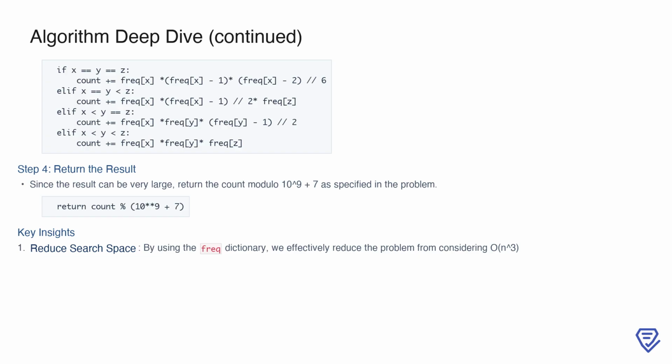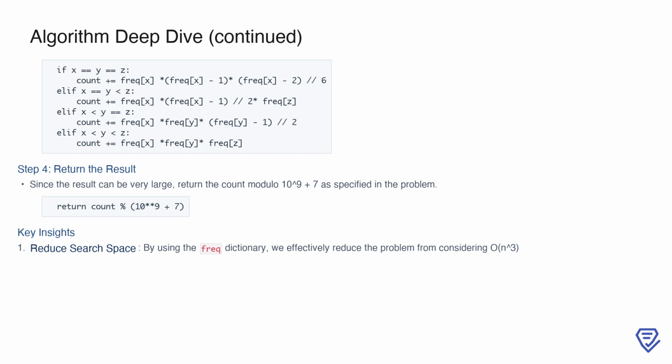To implement the combinatorics, we handle each case explicitly in code. If x, y, and z are all the same, we calculate the count of tuples using the formula freq[x] * (freq[x]-1) * (freq[x]-2) / 6. If x and y are the same but less than z, we use freq[x] * (freq[x]-1) / 2 * freq[z].